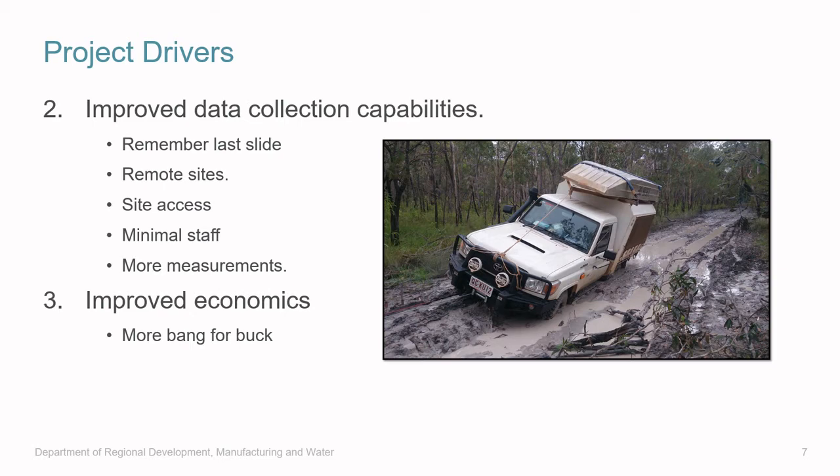Improved data collection capabilities, for example, remote sites, and also the ability to collect those flows that you couldn't measure with ADCPs. Minimal staff puts pressure on being able to collect traditional boat measurements with time and the ability to collect more measurements at a site. And of course, there's also improved economics that image velocimetry was able to offer us.